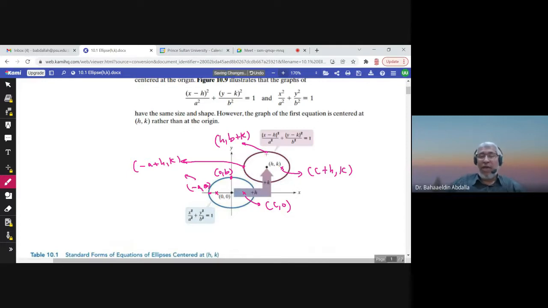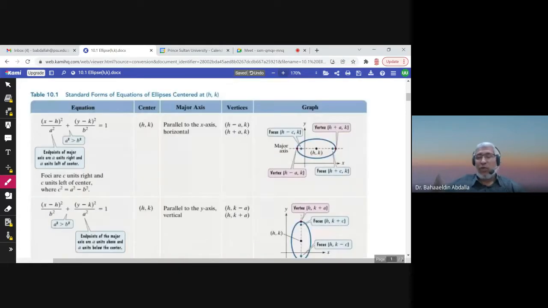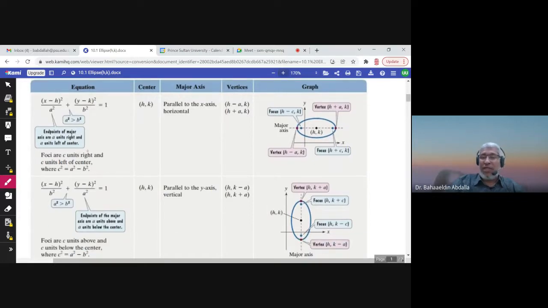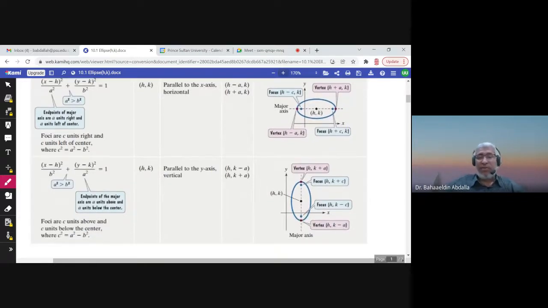So you can have all the new coordinates of the vertices, the endpoints of the minor axis, and the foci, just by adding h to any x coordinate and k to any y coordinate. So we will have these new coordinates of the vertices and the foci when we deal with a horizontal ellipse. It's the same for the vertical ellipse, where 0, 0 would be changed to hk.